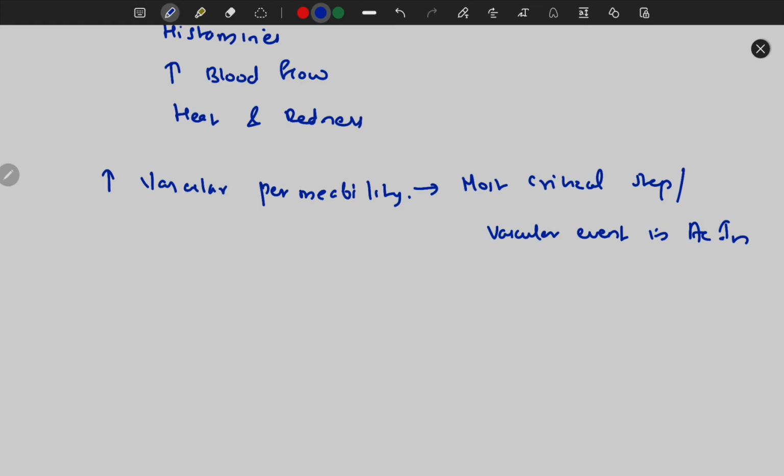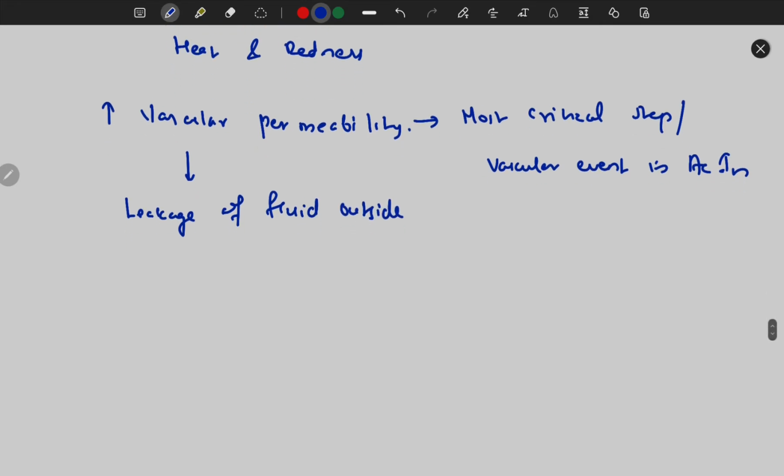Due to increase in vascular permeability, there will be leakage of fluid to the outside.